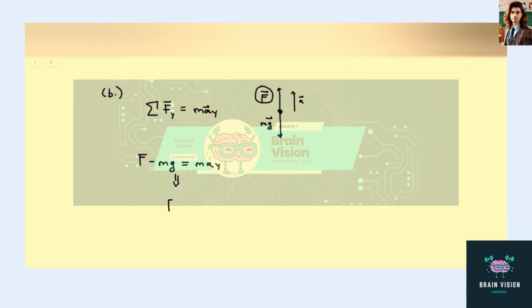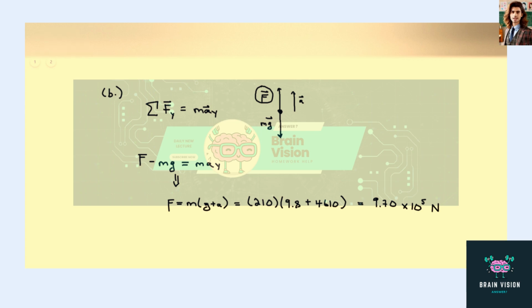This means that F is equal to m times g plus a, which is equal to 210 kilograms times 9.8 for g, and then 4,610 for a, which is what we found in part A. This gives us an answer of 9.7 times 10 to the 5th newtons.